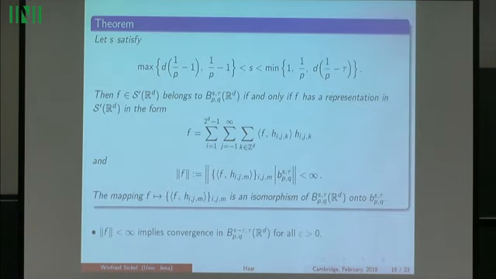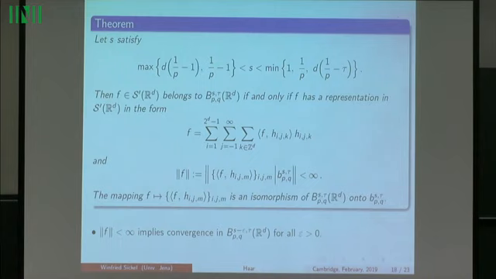So what is the outcome? This is the main result of my talk, which I would like to present here. Under these conditions, we have a similar result for these Besov-type spaces as in the case of the Morrey spaces.